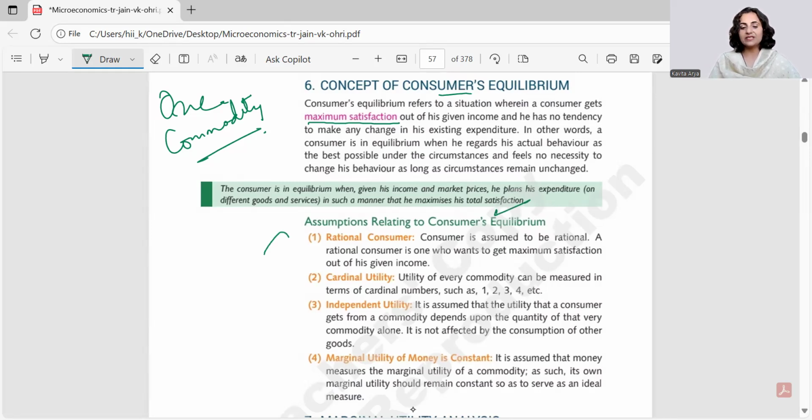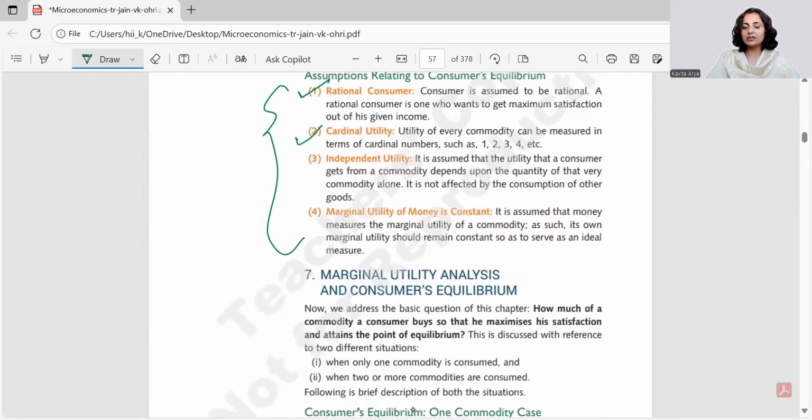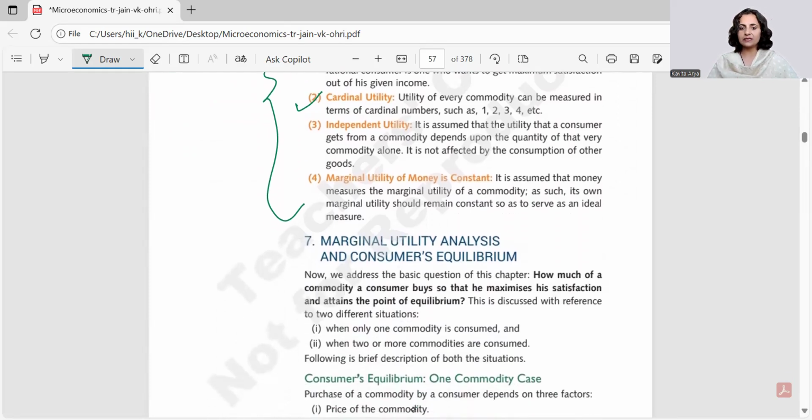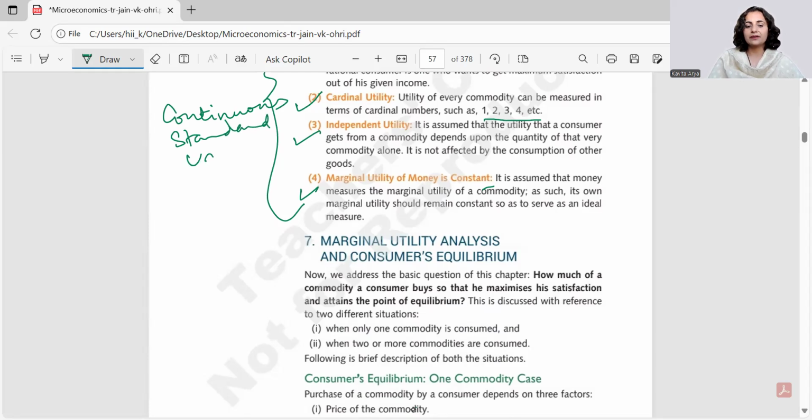Assumptions as described before for utility approach: rational consumer; cardinal measurement, I said that we can measure the satisfaction derived from the consumption in terms of utils, that too in cardinal numbers; independent utility; and marginal utility of money is constant.